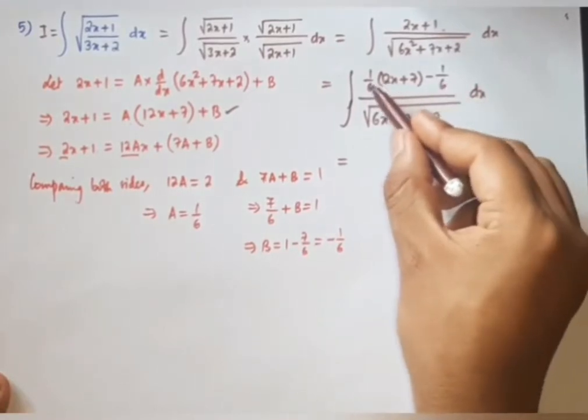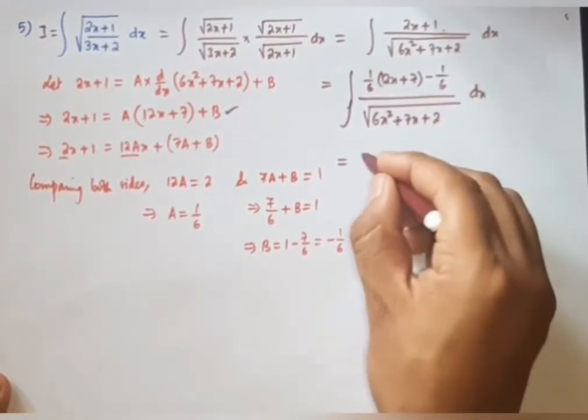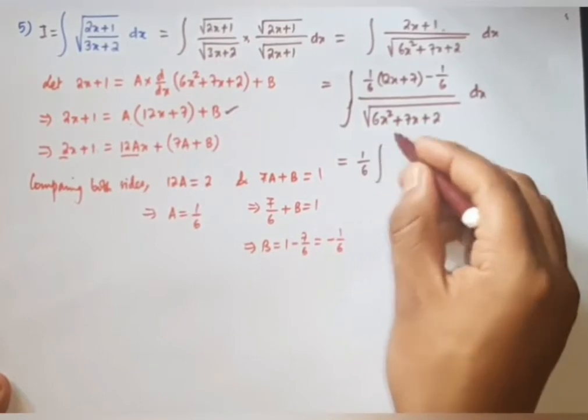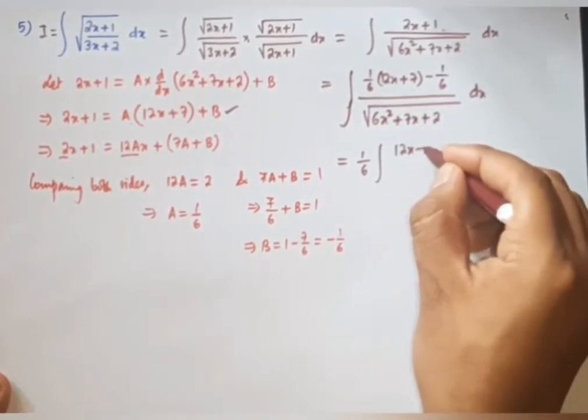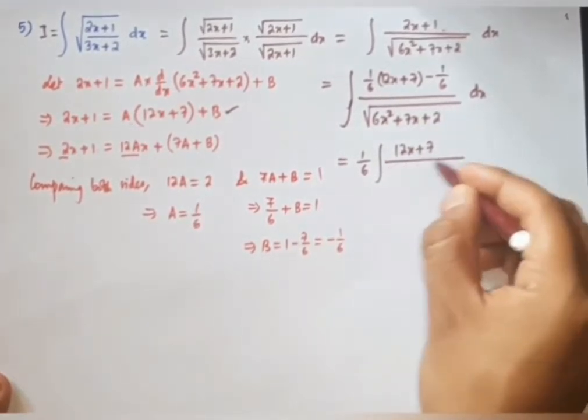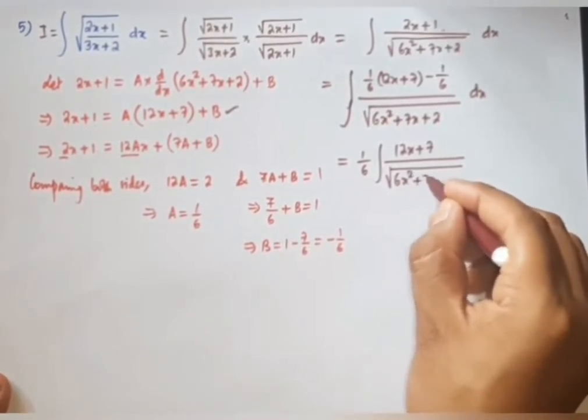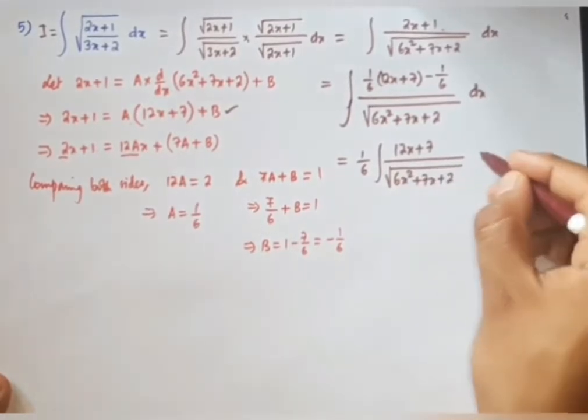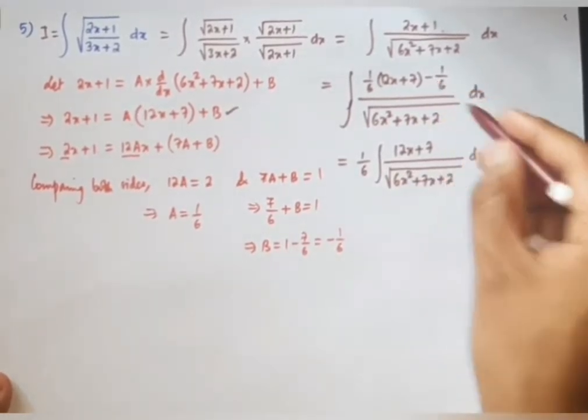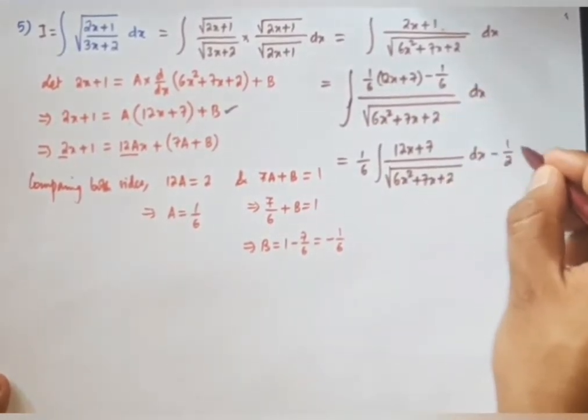So the first integral that I'm going to do here is, 1 by 6 will be kept outside. So here we have 12x plus 7 divided by square root of 6x squared plus 7x plus 2 dx. Minus is there, so minus 1 by 6 will be kept outside.